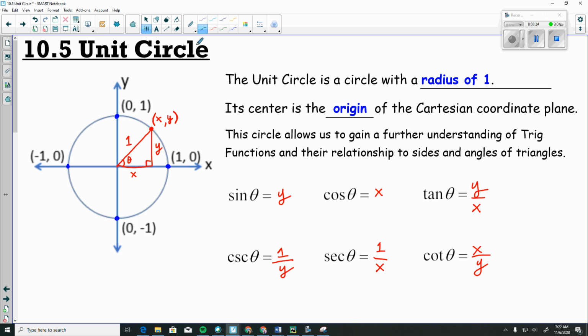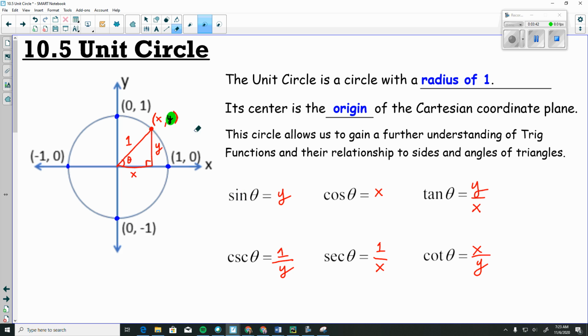It's just whatever this coordinate is right here. So if I want to calculate this without using a calculator, I simply look right here at my coordinate point, and that's the answer. That is what the output is.